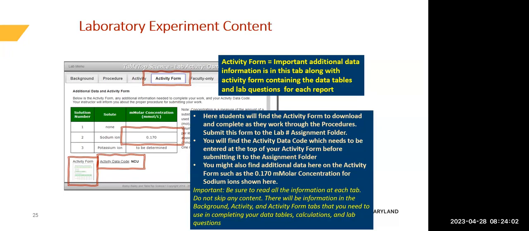Now here, this is the activity form tab, but the student can grab the activity form here. It's a Word document, and this can be modified, or faculty members can create their own.